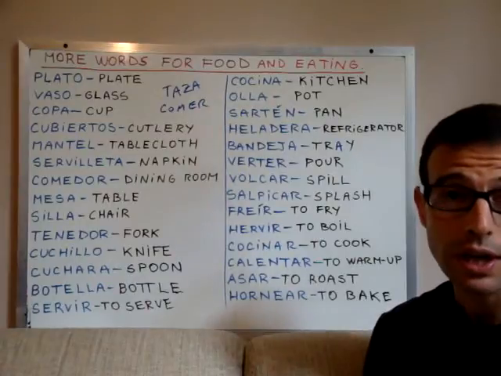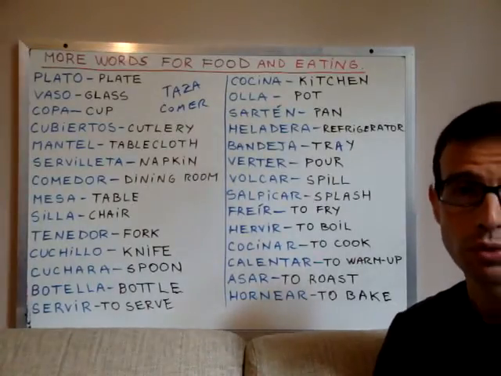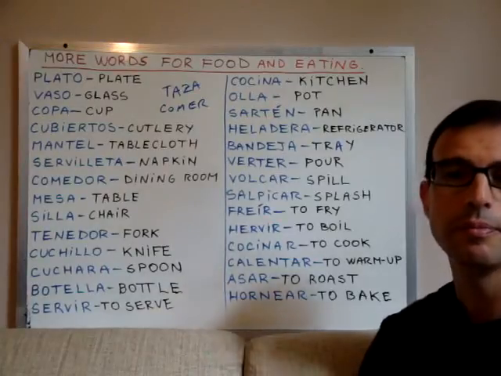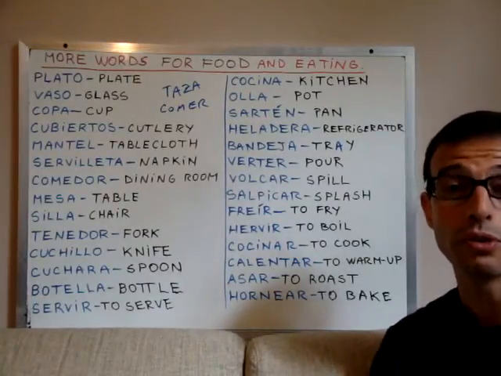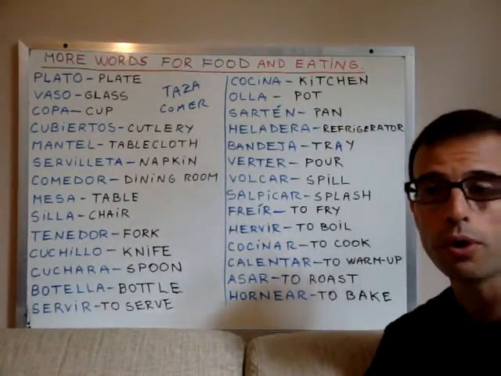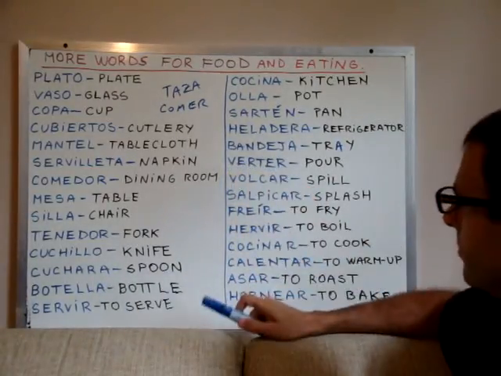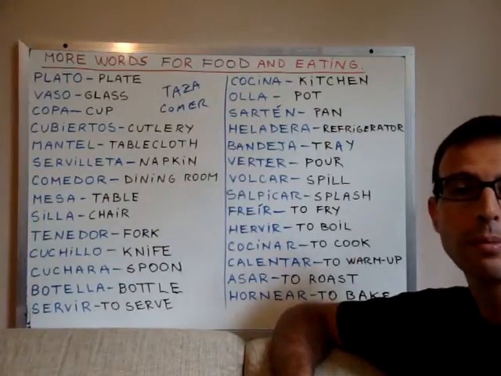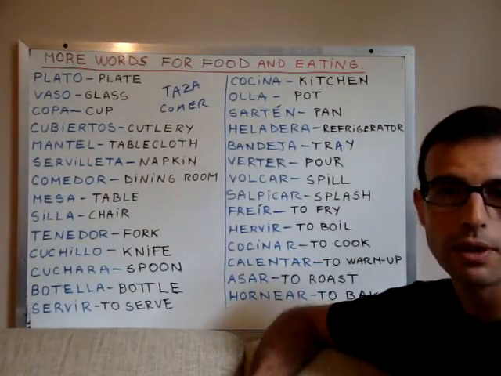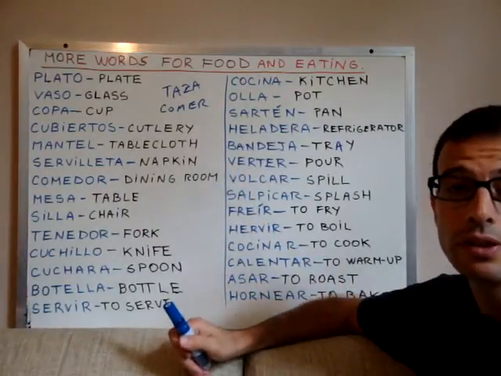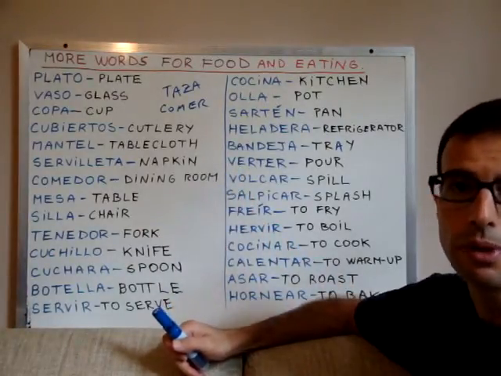We can also say, however, to serve water, servir agua, or any other drink. But the exact word that corresponds to to pour is the verb verter. Actually, it sounds perhaps very formal in Spanish when we use the verb verter. However, it is perfectly correct.